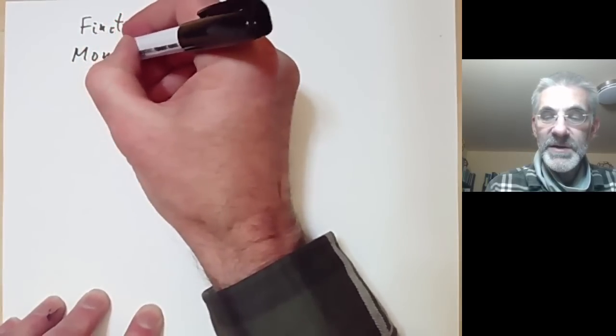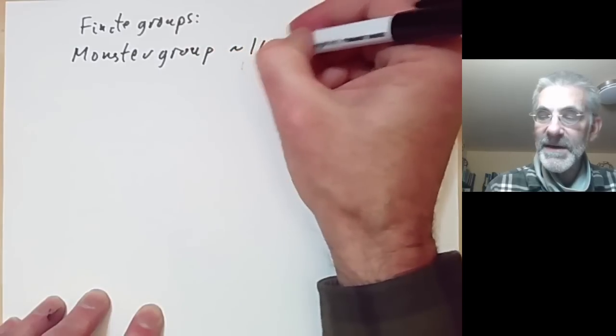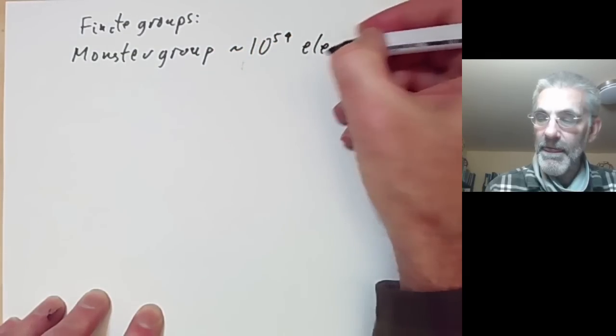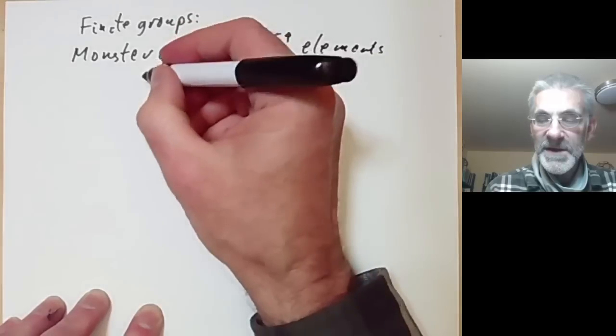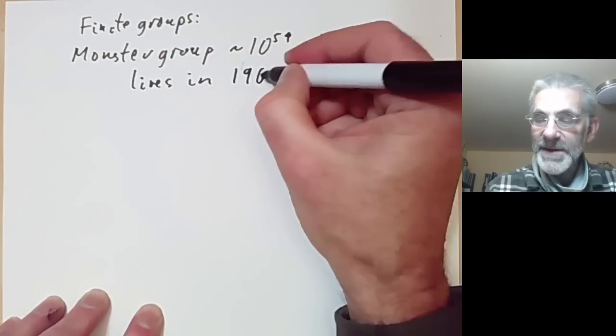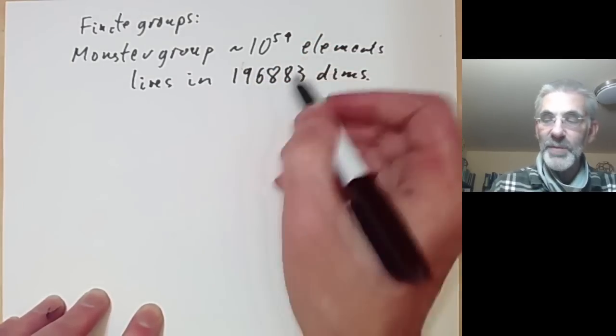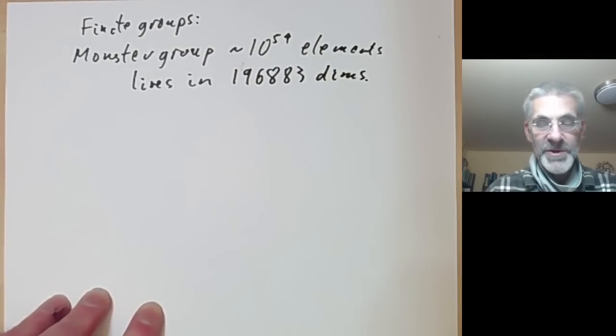And the largest is called the monster group. This is really huge. It has about 10 to the 54 elements, and it lives in 196883 dimensions. In other words, it's the rotations of an object in this number of dimensions.